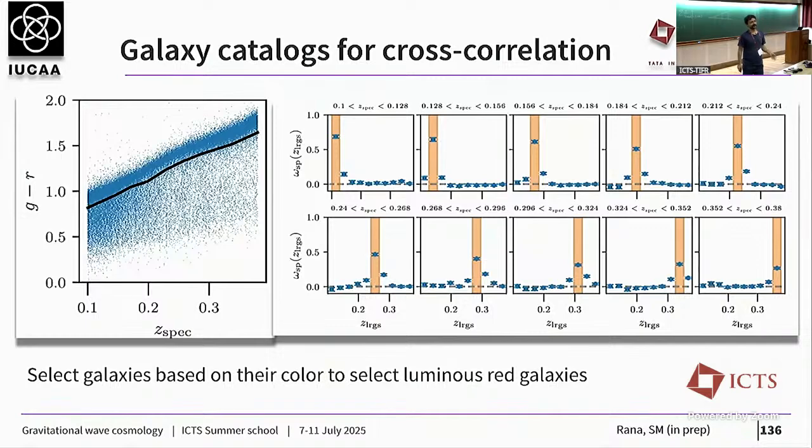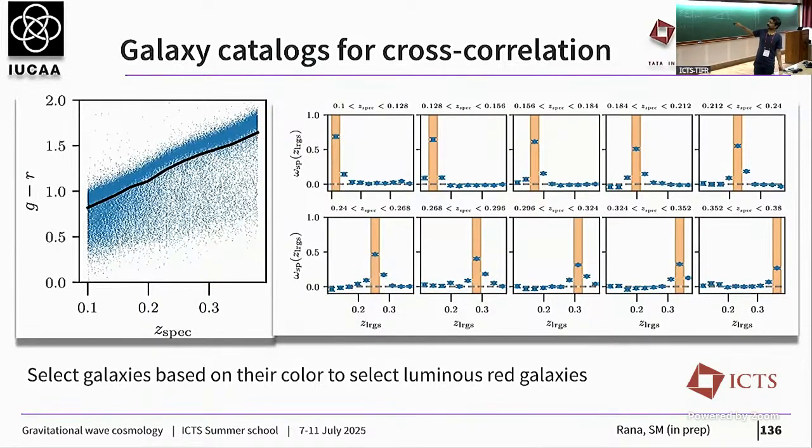You again use the same method that you use to characterize the gravitational wave events and get the redshifts. So this is some kind of a bootstrap. What you will do is use the spectroscopic galaxies to characterize your photometric galaxies, and then the photometric galaxies to characterize your gravitational wave events. Okay, so that's the idea. So we selected these photometric galaxies, and then we cross-correlated them with spectroscopic galaxies in these narrow redshift bins.